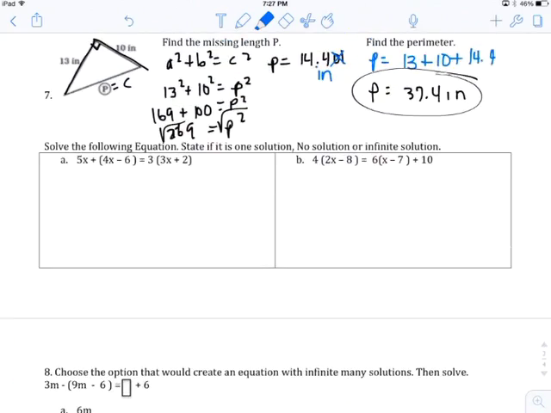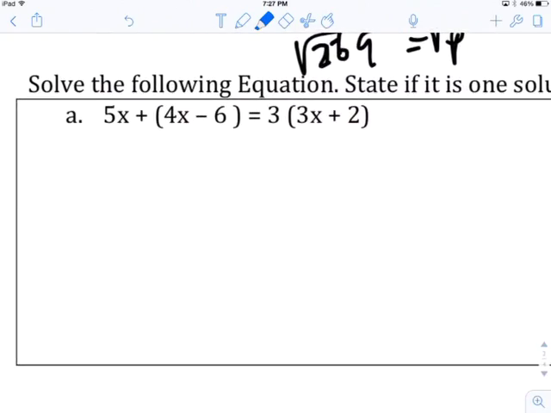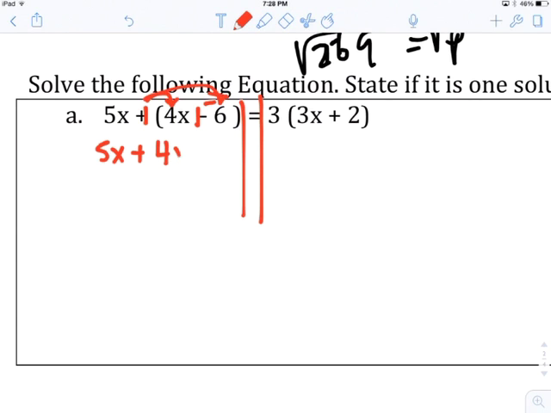Okay. Solving equations. Additive inverse, invisible number, distribute, distribute. 5x plus 4x plus a negative 6. 9x plus a negative 6.